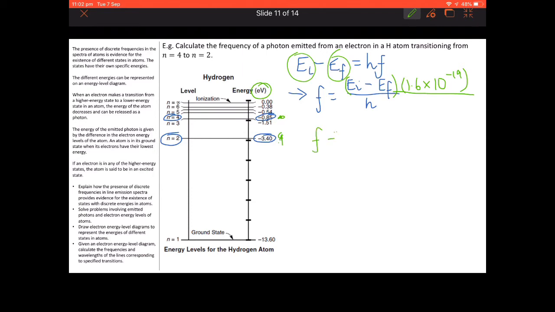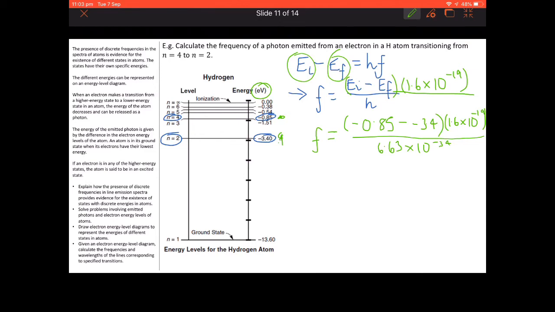So we'll end up with the initial energy, which is negative 0.85 electron volts, minus negative 3.4 electron volts, multiplied by 1.6 by 10 to the negative 19, the charge on an electron, and then dividing everything by 6.63 by 10 to the negative 34.